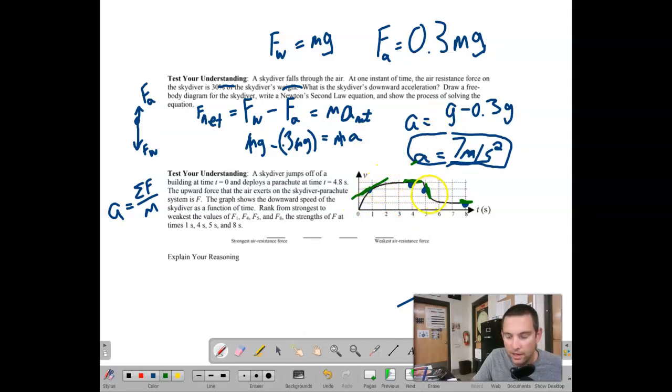That's right. 5 is bigger. F5, steepest slope, is greater than F4, which is equal to F8, which is greater than F1. That's how I see it. What do you think? I think we have to explain our reasoning.